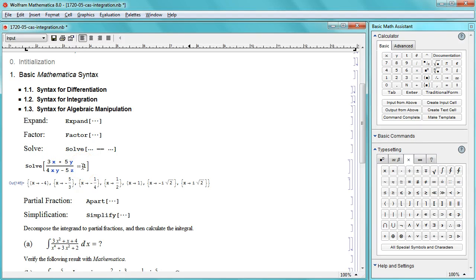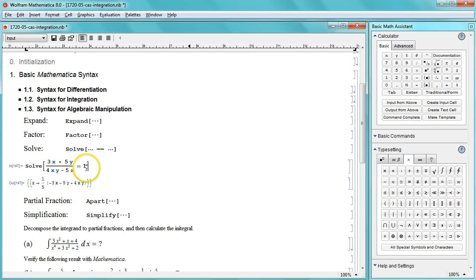And now, how many characters are there? There are 1, 2, 3, 4 characters. No, excuse me, 3 characters. So if I simply run it, Mathematica will not understand it. Oh, excuse me, it did something. Somehow it just assumed the author is looking for z, so it solved for z.